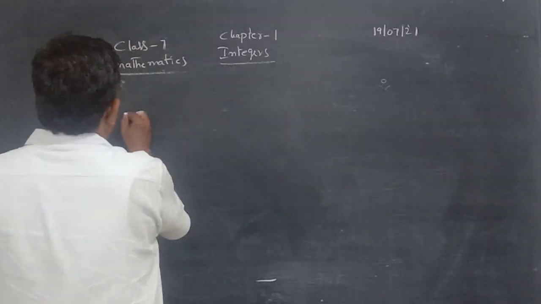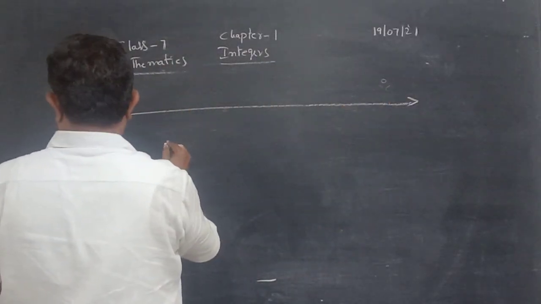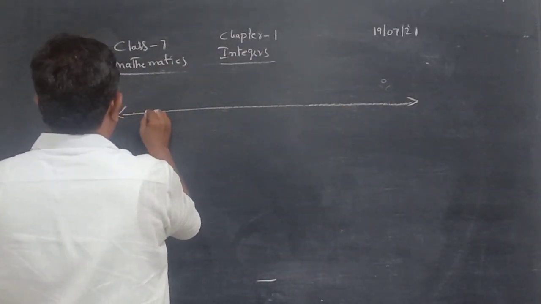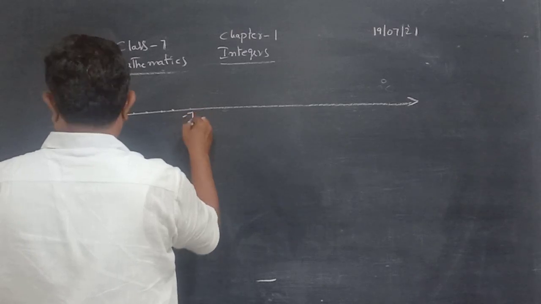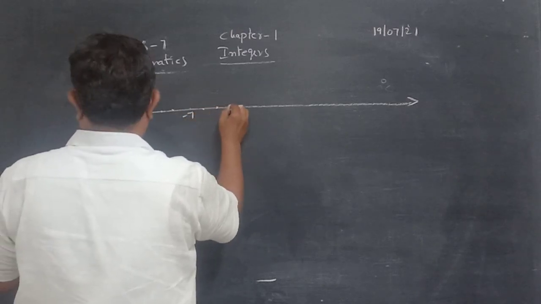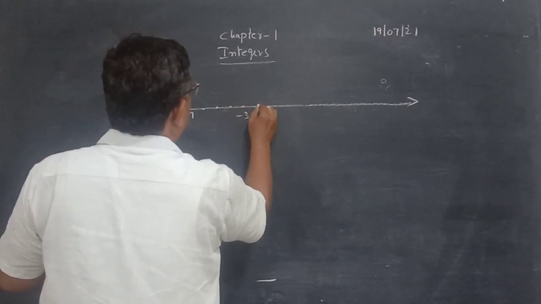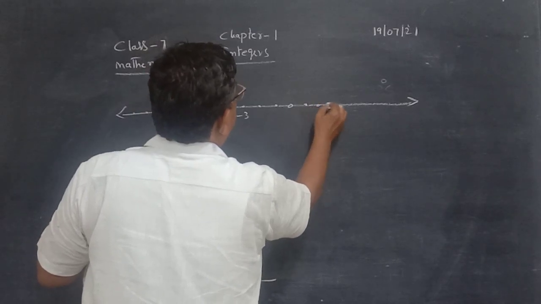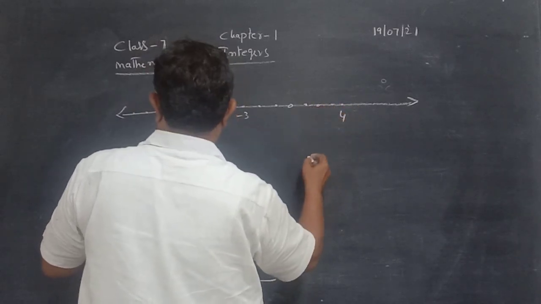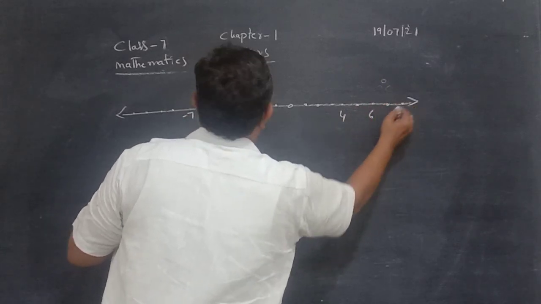A number line is given on which -7, -3, 0, 4, 6 are marked.